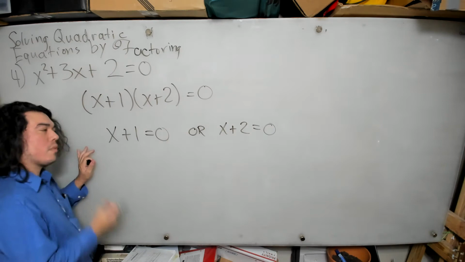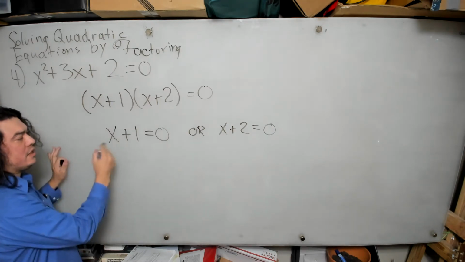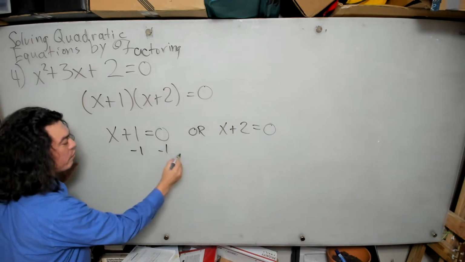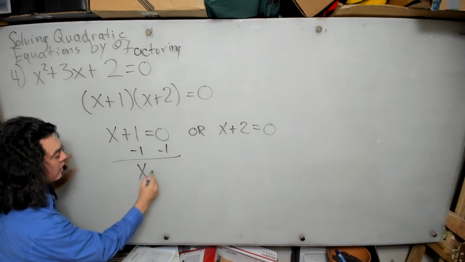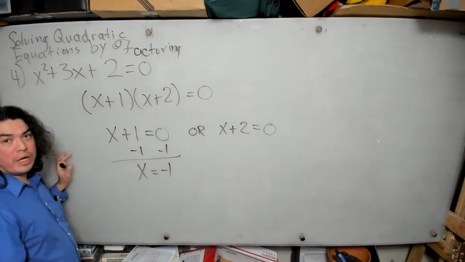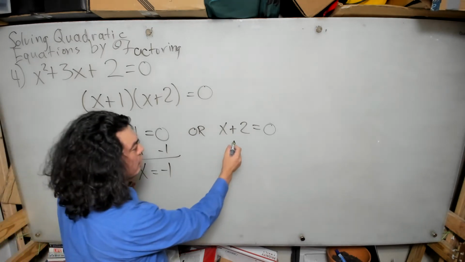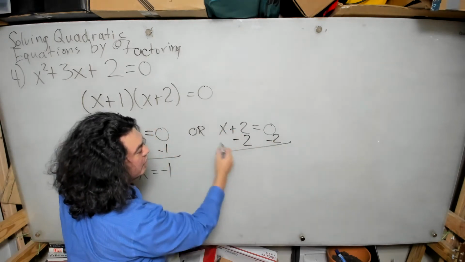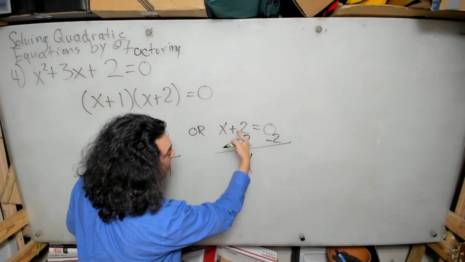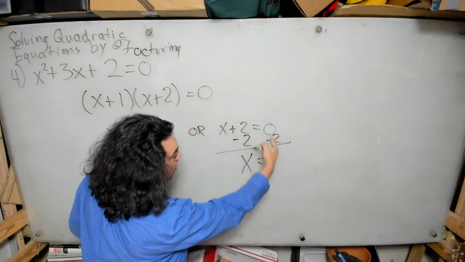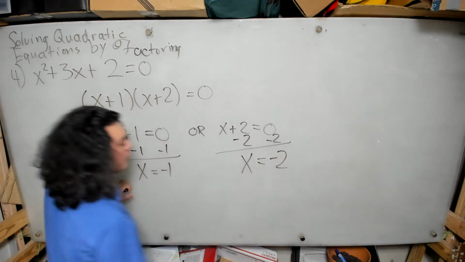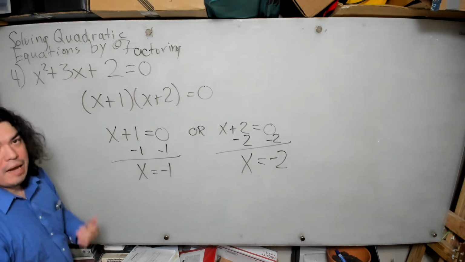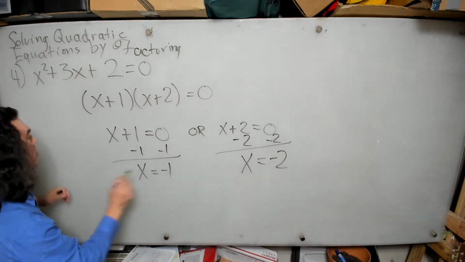If you look at this left-hand side, I can subtract 1 from both sides, and I get x equals negative 1. Okay? What about this right-hand side? I can subtract 2 from both sides, and I can see that the left-hand side simplifies to x. So x equals negative 2.